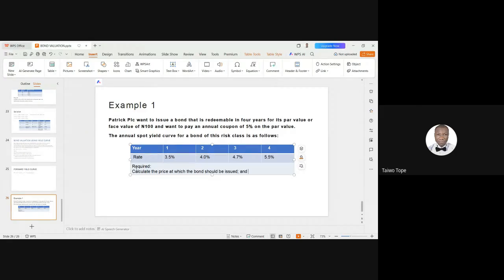And let's make this 1 and 2, the gross redemption yields.